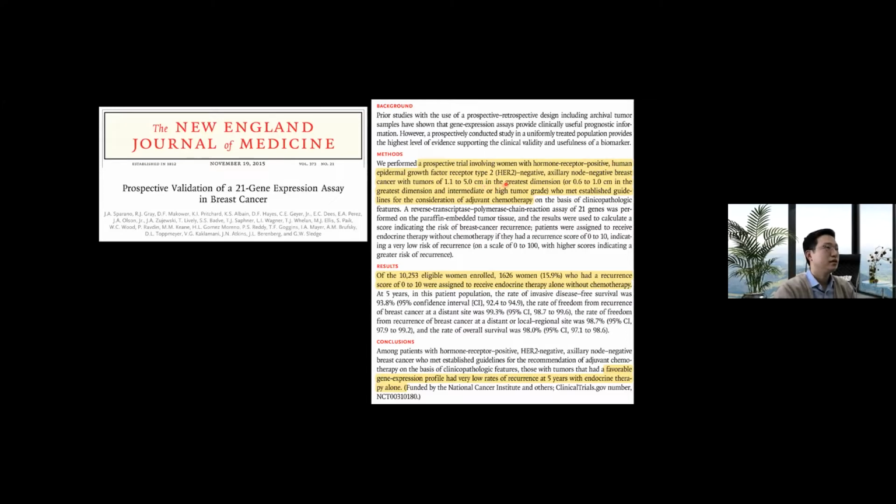Among 10,000 patients, about 1,600 patients had a recurrence score of less than 11 according to the Oncotype DX. And then they received endocrine therapy alone without chemotherapy.